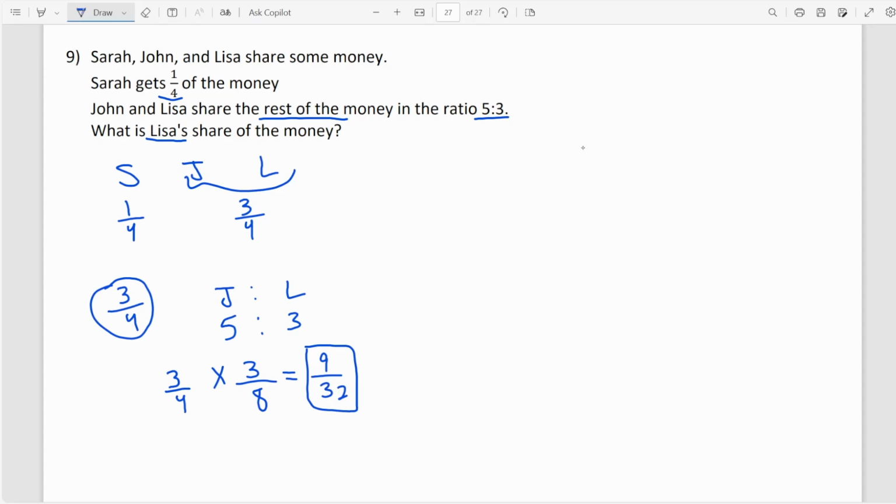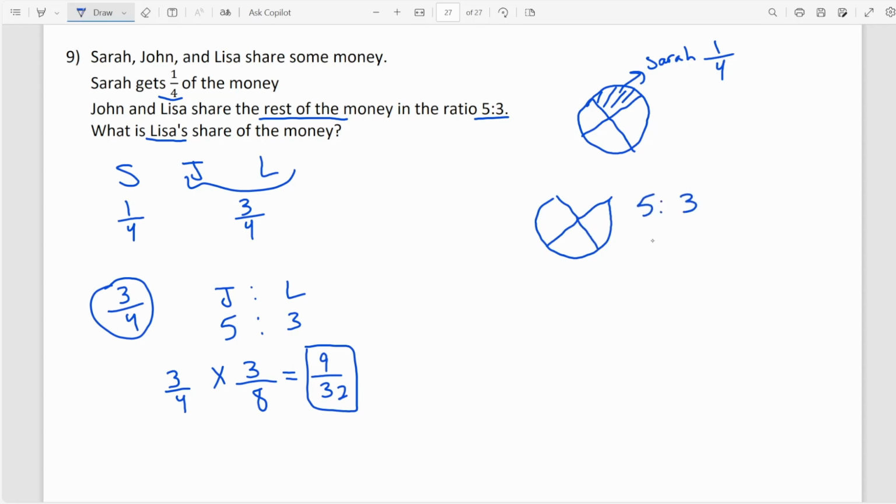What you need to understand, I will explain over here, is that firstly, let's say this circle represents the money. It was divided into 4 parts, and Sarah got this part, which would be 1 over 4. So now John and Lisa have to share this part over here in the ratio 5 to 3.